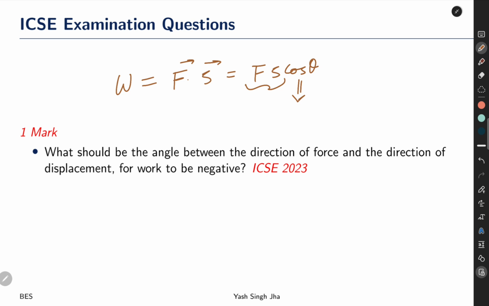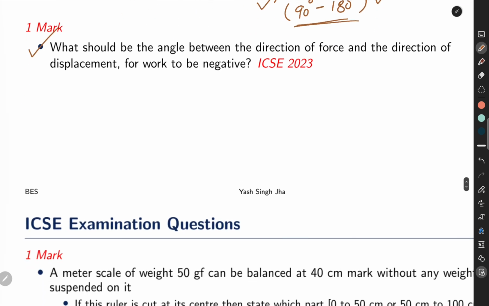Cos theta is negative from 90 degrees to 180 degrees. So in this interval of angles, the work done would be negative. Or if the direction of force and direction of displacement make an obtuse angle, it will be negative. We will discuss it in the next chapter in detail.